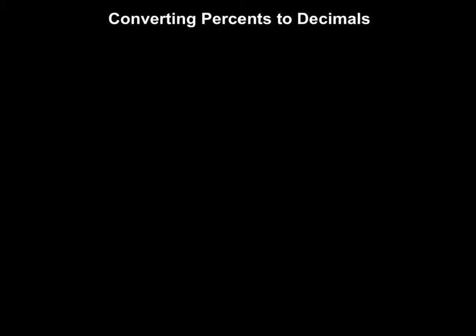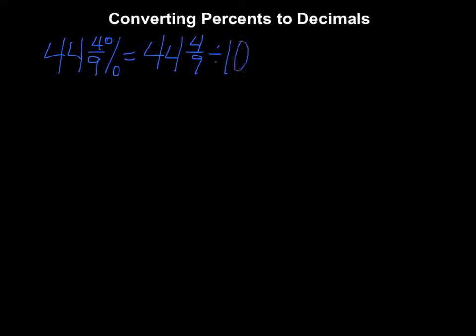For our last example, I'm going to do another mixed number, 44 and 4/9%. So this time, we have 44 and 4/9 divided by 100.